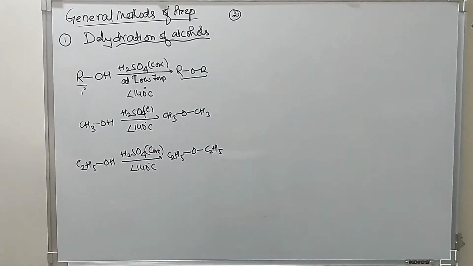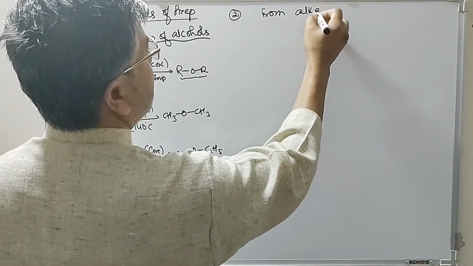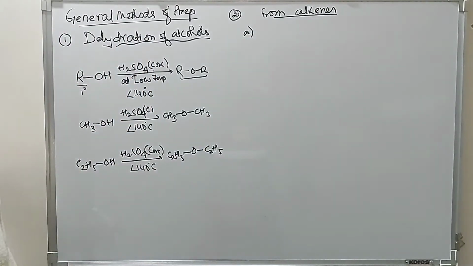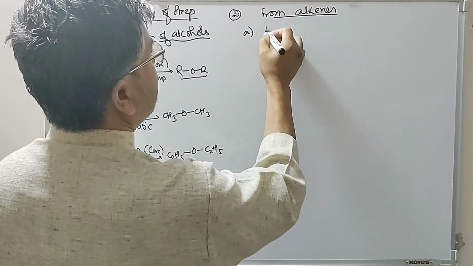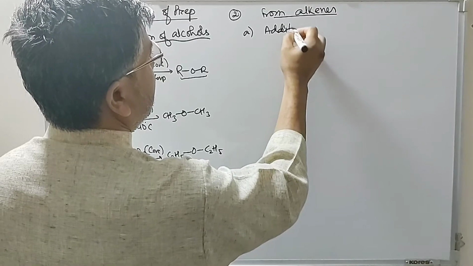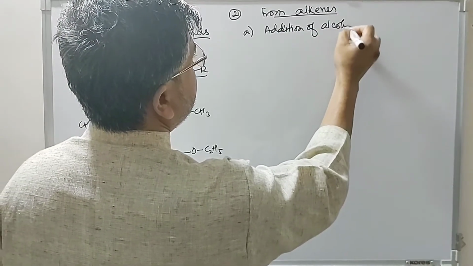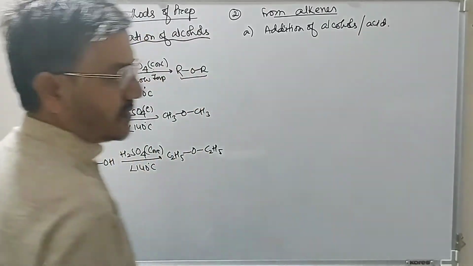Then the second method for preparation of ether is from alkenes. Preparation from alkenes. In these alkenes we have different methods. First reaction is addition of alcohols in presence of acid.